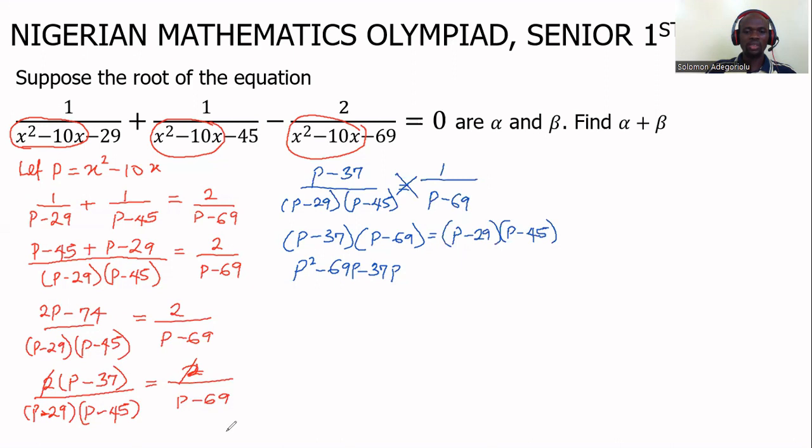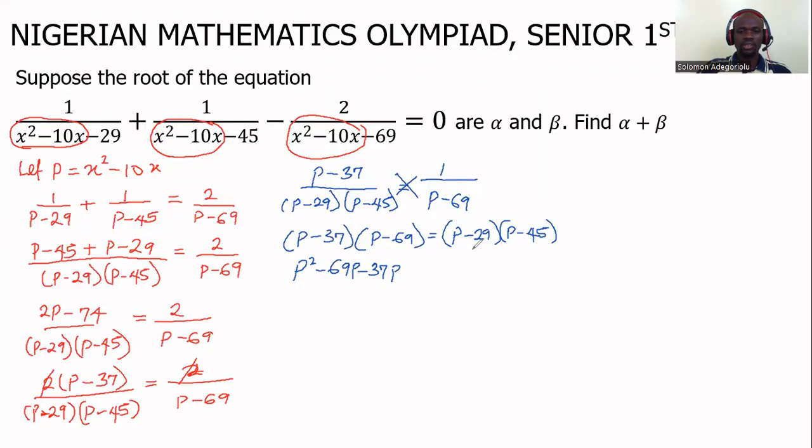We have minus 37 times minus 69. What would that give? This is going to give us 2,553. That's plus, because minus times minus gives plus.